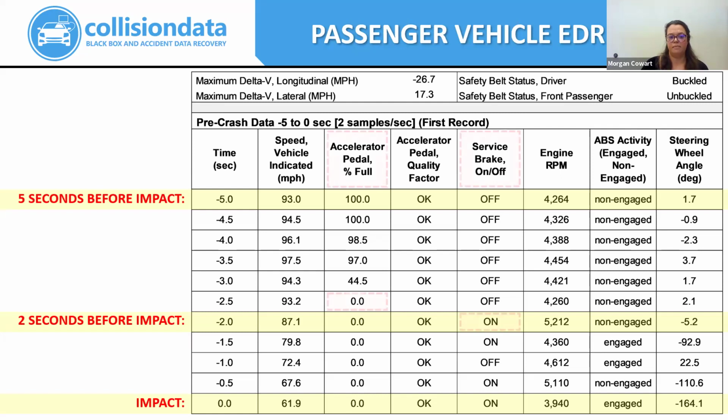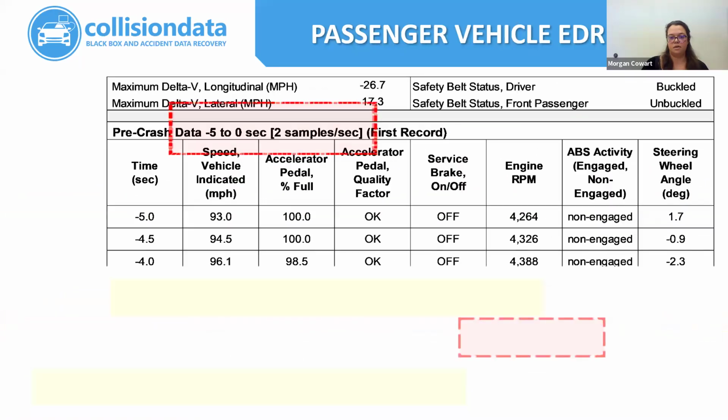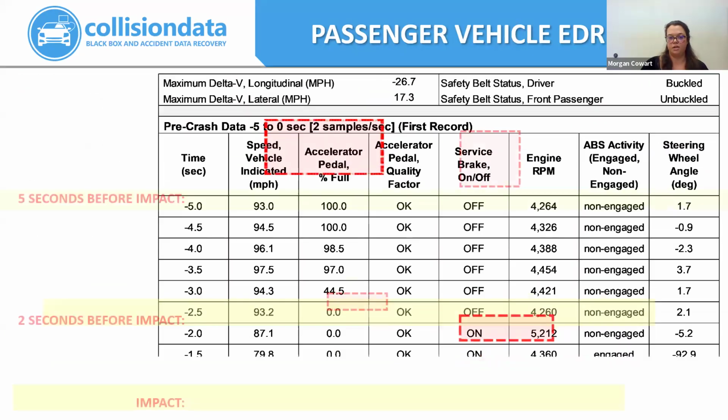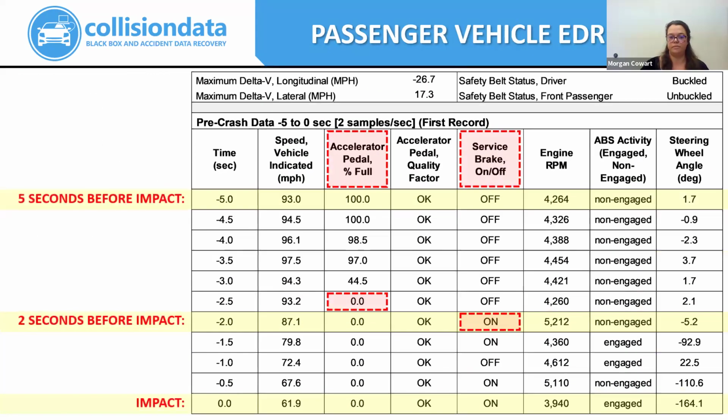And then leading up to it, 2 seconds before the impact, he's still going pretty fast at 67 miles an hour, but he did take his foot off of the gas pedal and activated the brakes 2 seconds before impact. And then at impact, they were going 62 miles an hour. So this information can just tell you what you need to know about the case leading up to it.